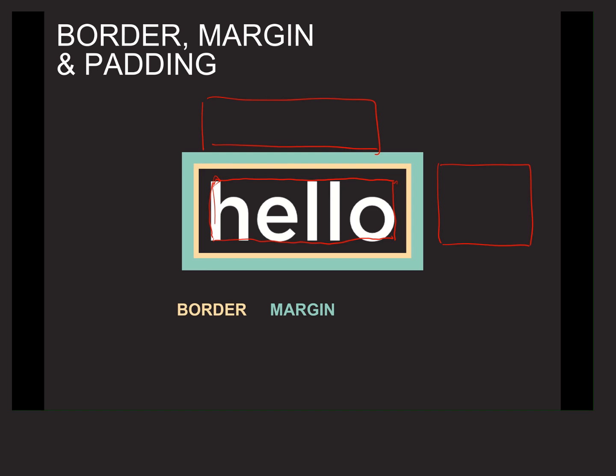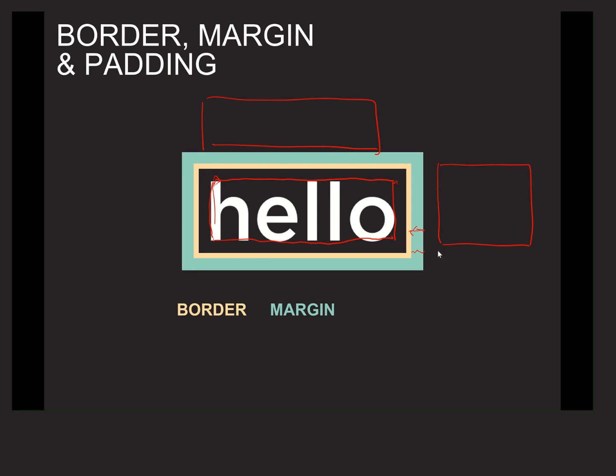We call this white space, because we didn't add anything in between. Especially the margin, we look at it as white space, because we don't need to assign color to it. We want to leave this white space in between.